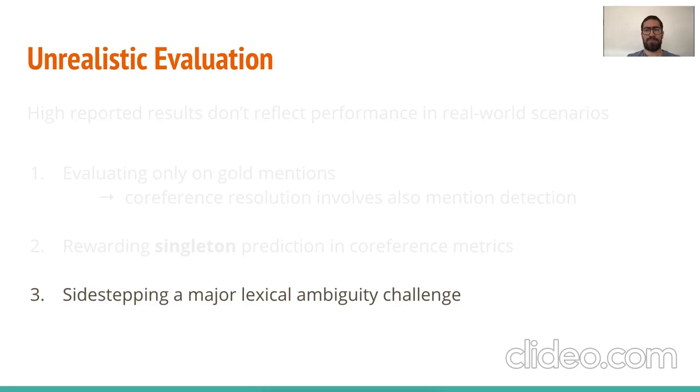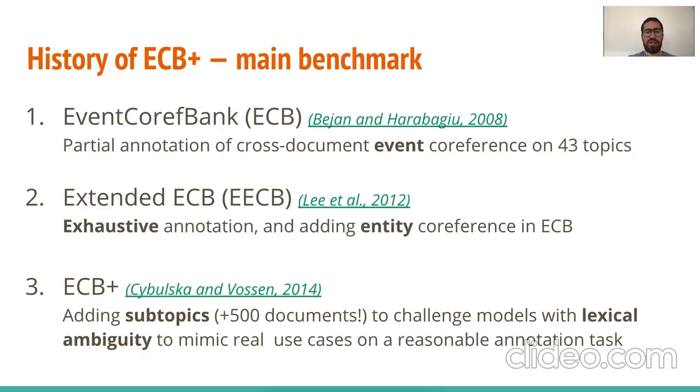Now let's move on to the last point. ECB+ is the main benchmark for cross-document coreference resolution, and it was built in 3 subsequent steps. The first dataset, ECB, includes partial annotation of event coreference across multiple documents in 43 topics. Later, in 2012, Lee et al. extended ECB with entity annotation in an exhaustive manner.